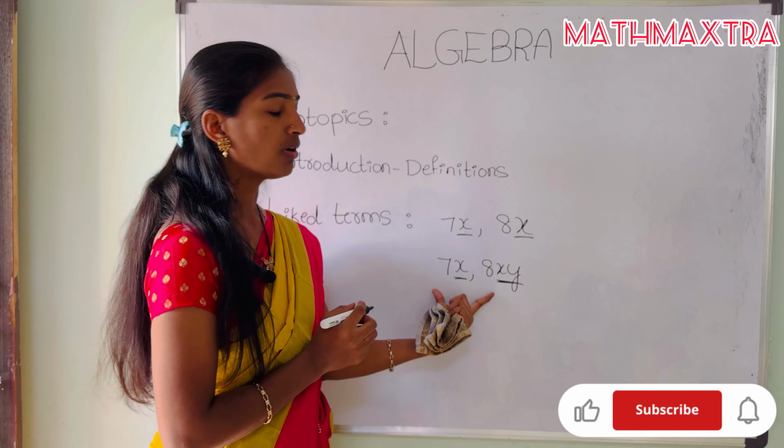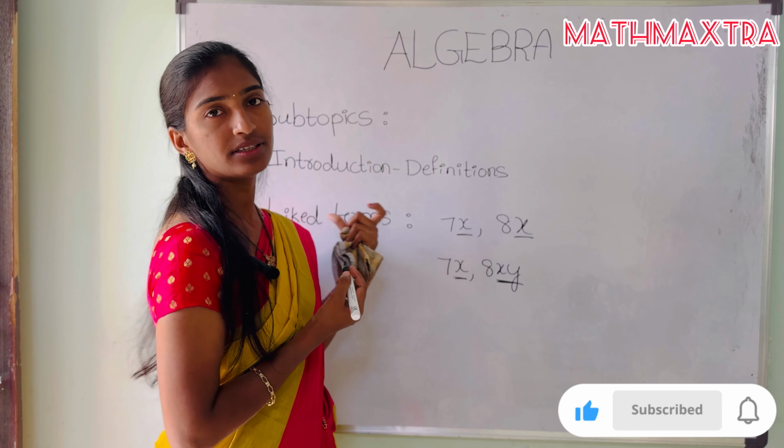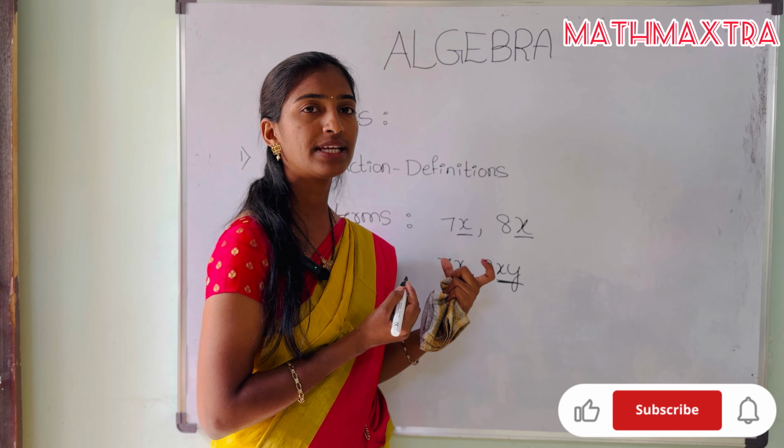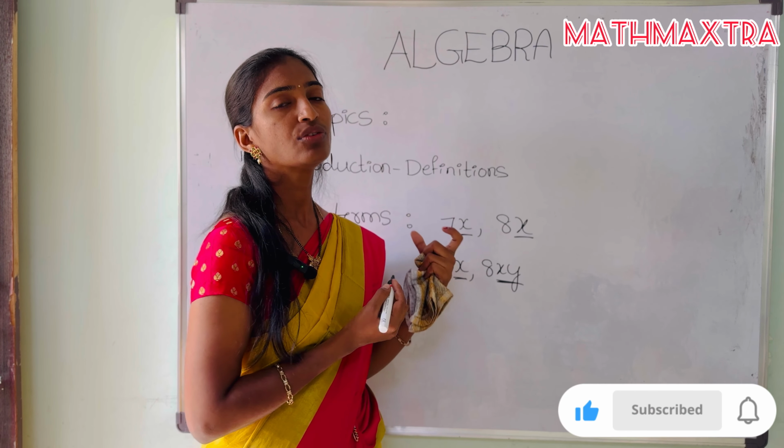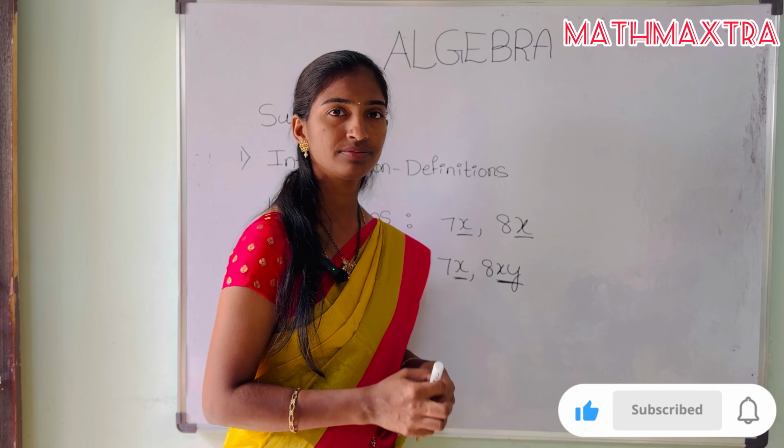They are unlike terms. Similarly, you can identify which are like terms and which are unlike terms. If they have the same literal coefficients, we call them like terms. If they don't have the same literal coefficient, we call them unlike terms. Okay. Thank you.